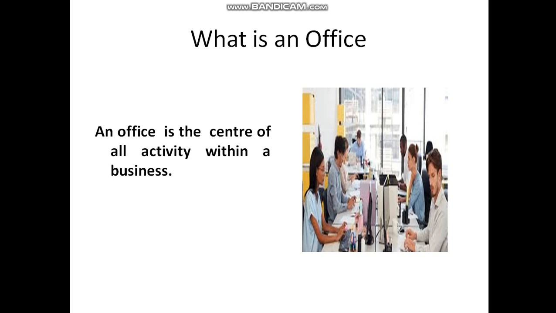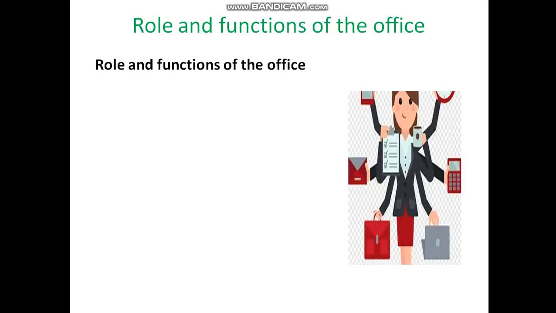So offices are very dynamic, which means they are very different and they're changing. But before we can go into that, let's go into the roles and functions of the office.